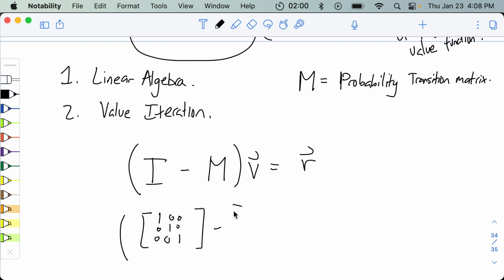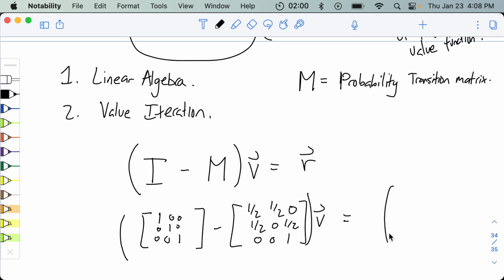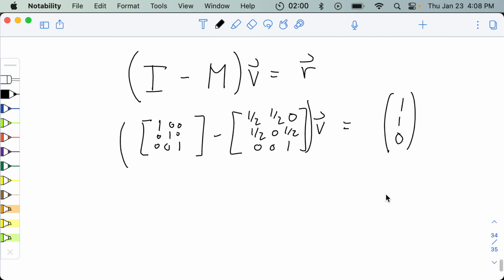And then minus, our matrix was 1 half, 1 half, 0, 1 half, 0, 1 half, 0, 0, 1, all times V, equals the reward vector, which was 1, 1, 0, going plus 1 for the first 2 states and nothing in the last state.